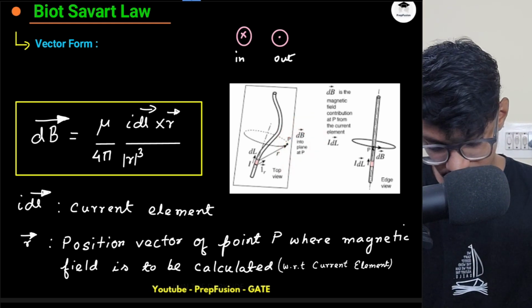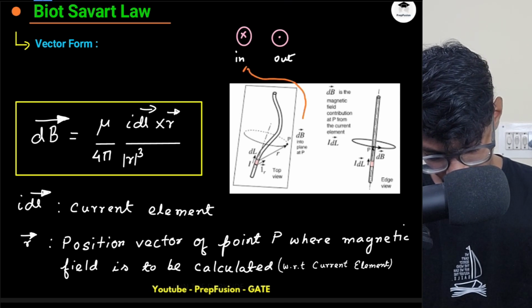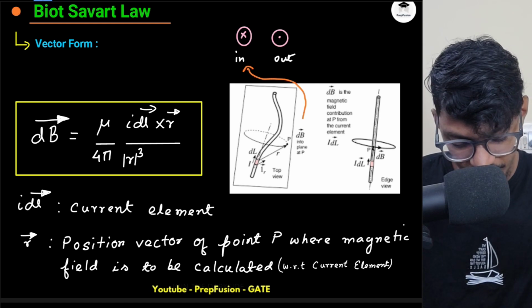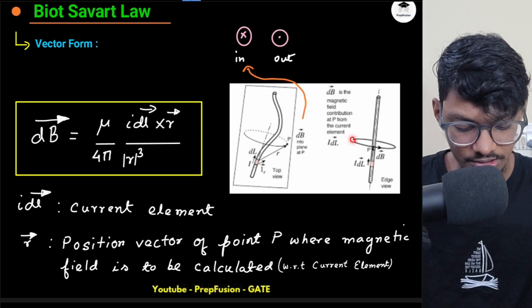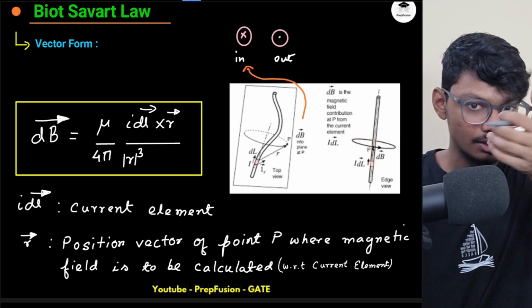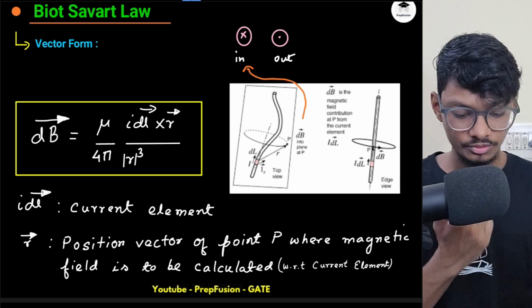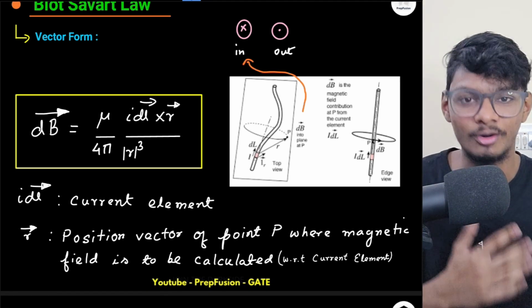So in this case it will be in, it will not be out. Sometimes it can be out as well. So if my point P is lying somewhere around here, and I point my thumb and curl my fingers towards P, what I am observing is that it is coming towards me. That curl is coming towards me, so it is coming out of the plane. Okay, all that is fine.